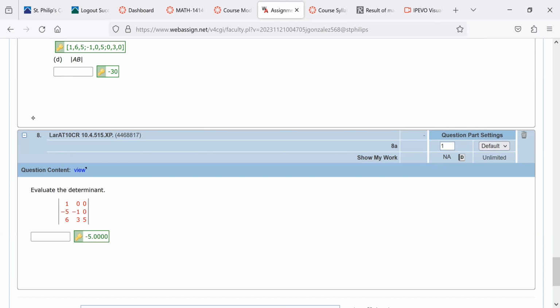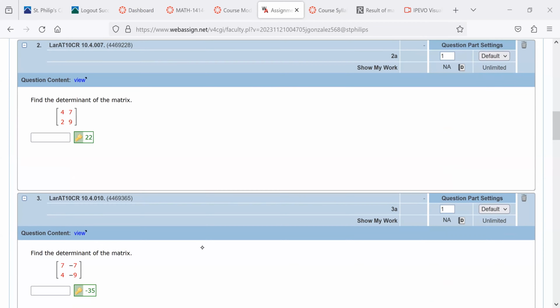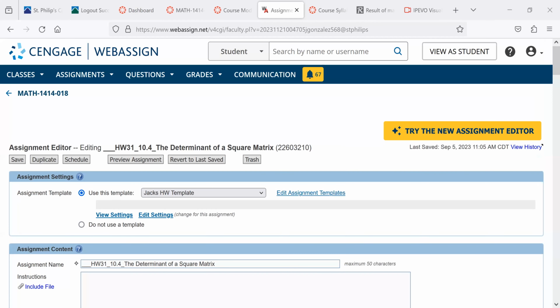Okay. That should be a really quick section.